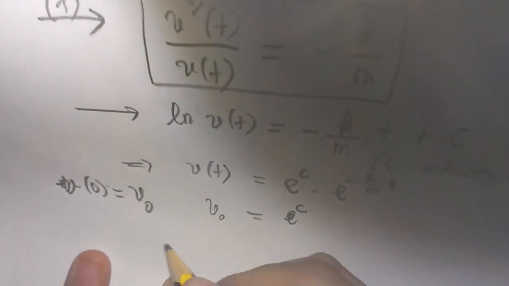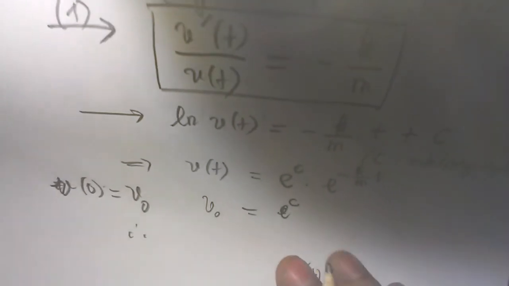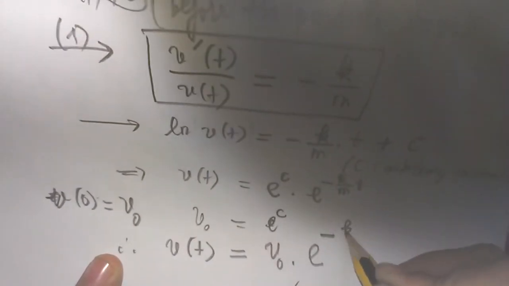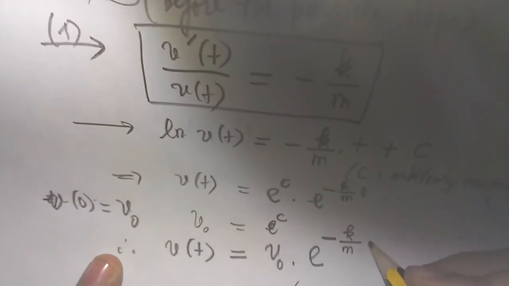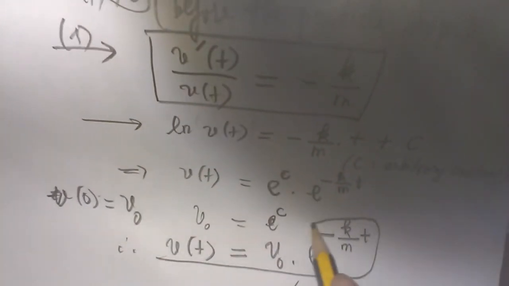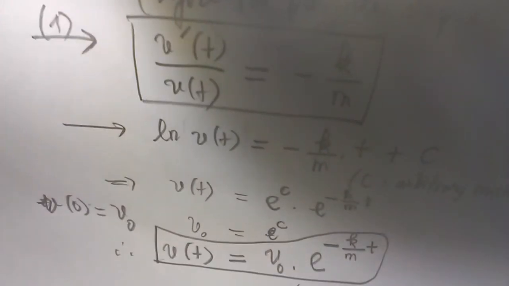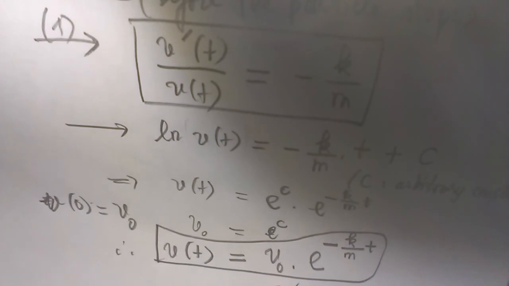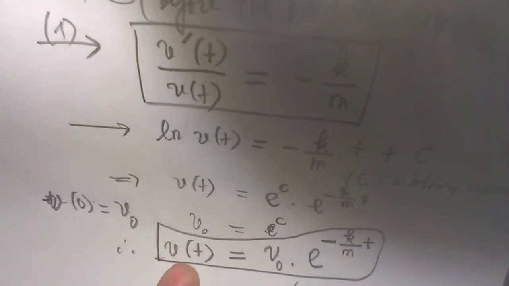And finally we get our solution, which is v at time t is the initial velocity times e to the power of minus k over m times t. So here we have the solution.